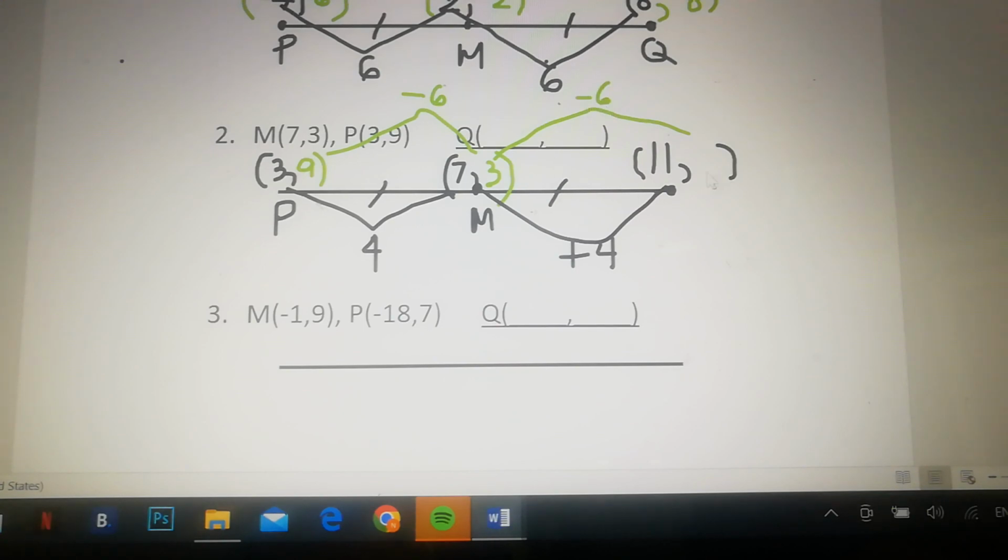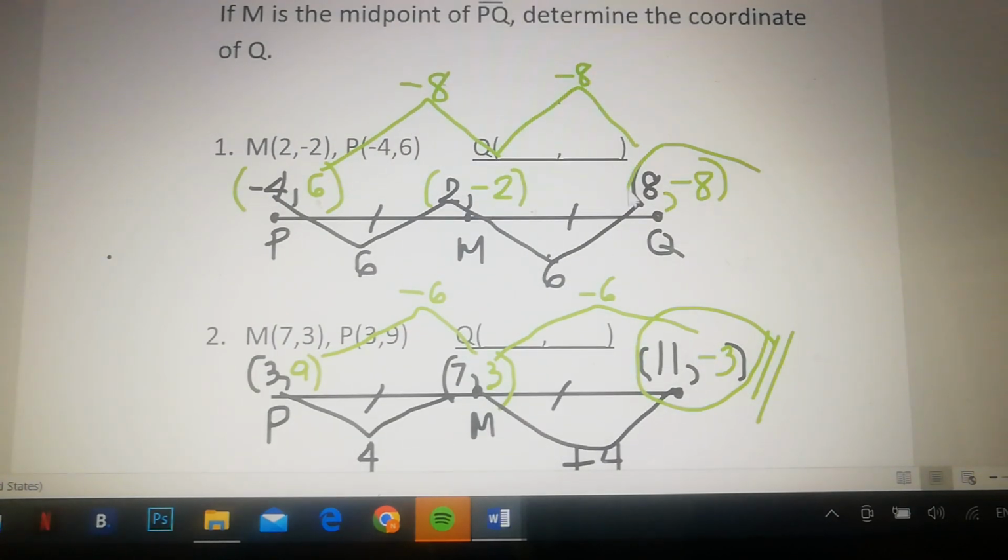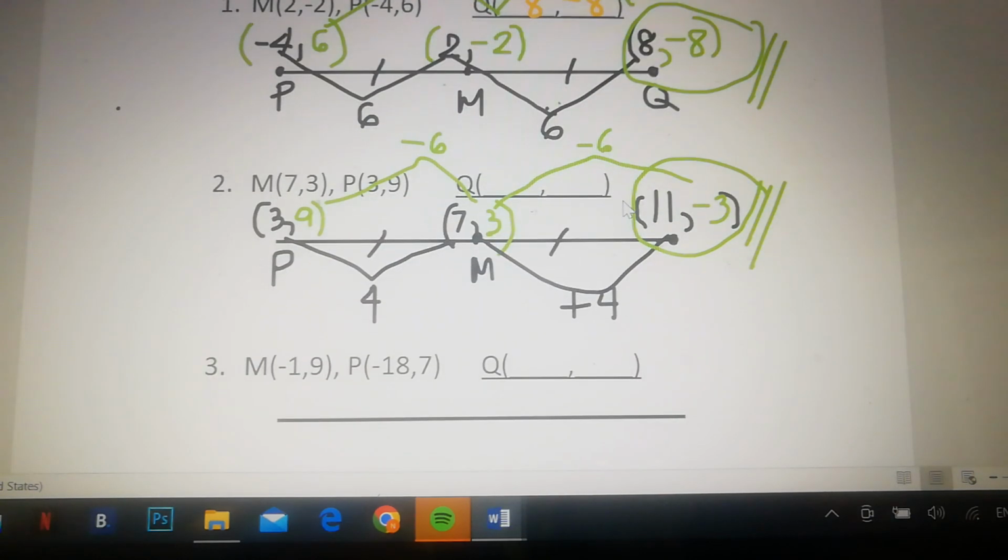So 3 plus negative 6 is negative 3. So the coordinate of the other endpoint is 11, negative 3. So this is our final answer. The first one is 8, negative 8. Our number 2 is 11 and negative 3.